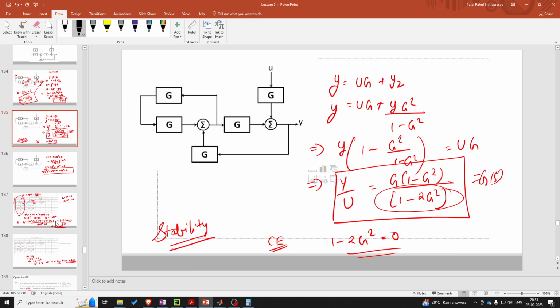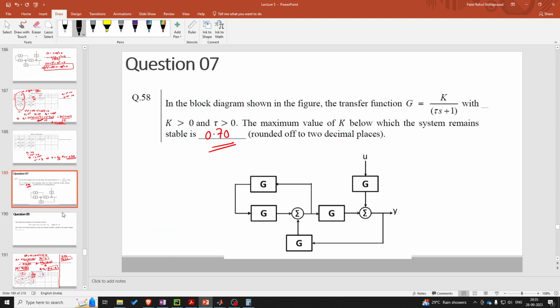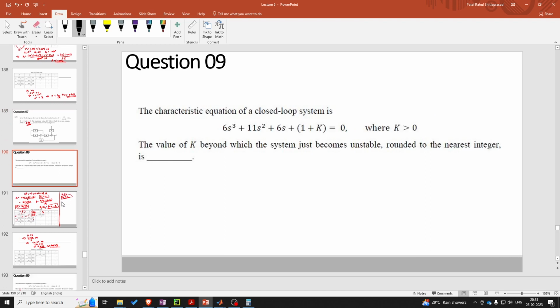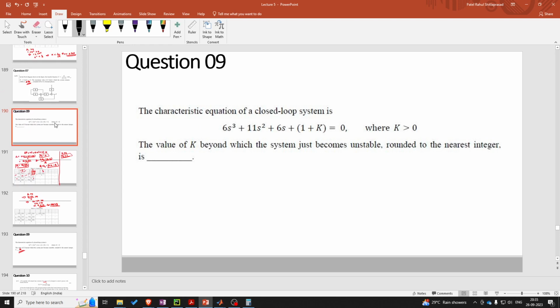Now let's solve a question related to the root array, and then we can solve a few more complex problems. So this is a fairly simple question whereby we haven't been given a block diagram also, so we can try solving this.